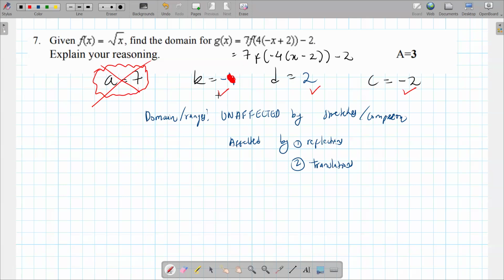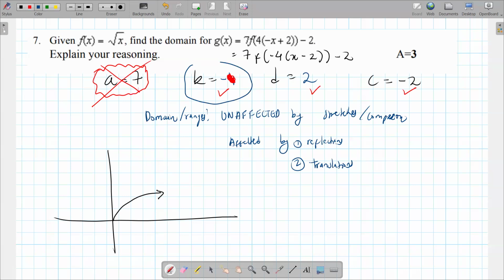I'm going to sketch this using transformations. The parent function is root x. Looks like this. Our first transformation is a reflection on the y-axis because K is negative. It's -4, but it's negative. And then we're going 2 units to the right because of this.